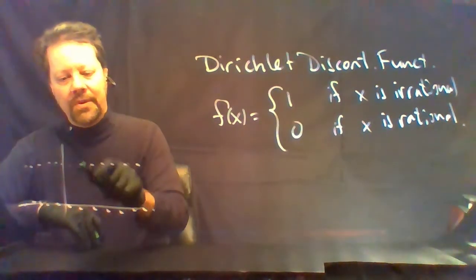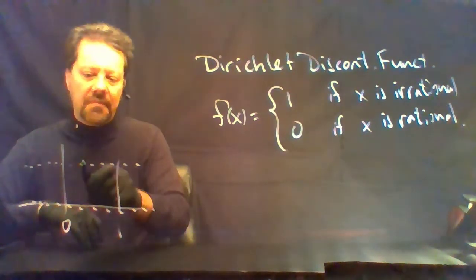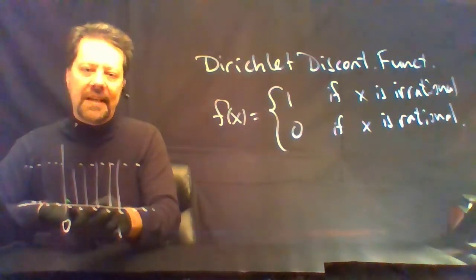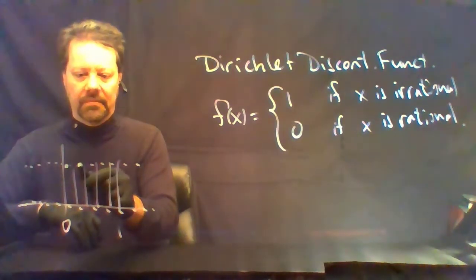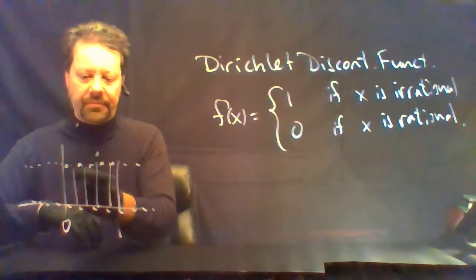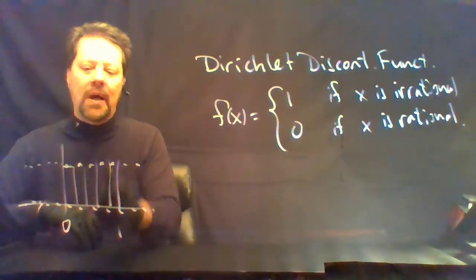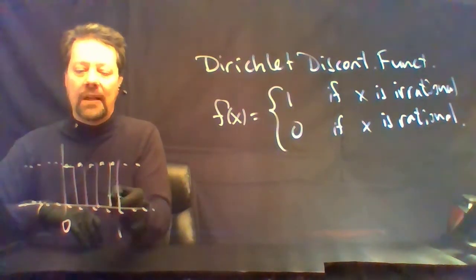If you were to try to integrate this function between 0 and 1, if you choose your sampling points c sub k to be irrational numbers, then all of your approximating strips will have areas that go up to a height of 1 times whatever the delta x is. The area will end up being 1.